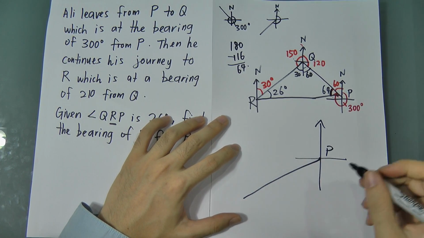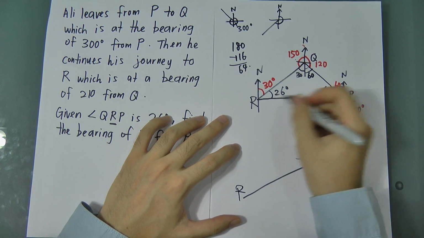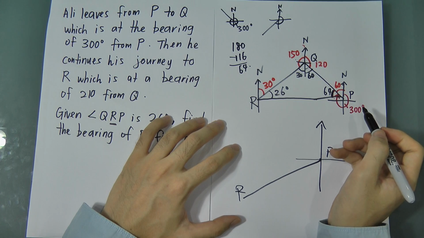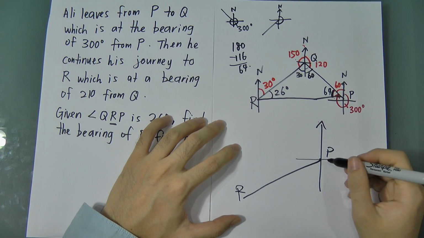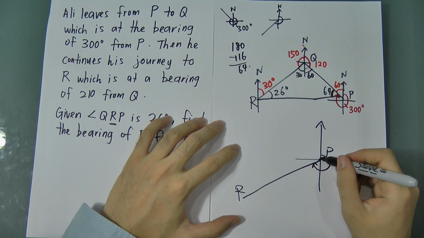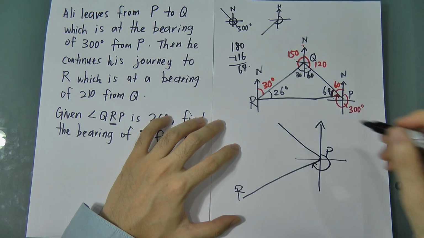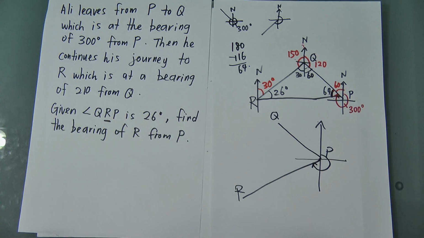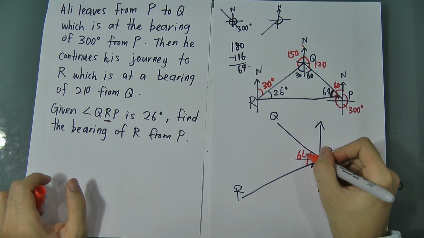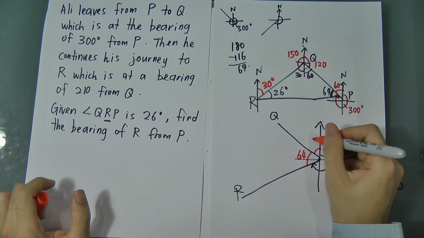This is P, this is R. Obviously, this diagram is just sketched out, not so accurate, so you have to calculate the angle by yourself. So now I have to find the total angle over here. This is connected to the Q. What we know is the angle between here is 64, and the angle over here is 60.